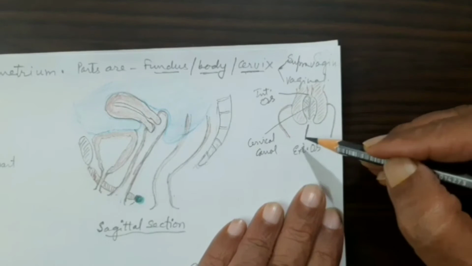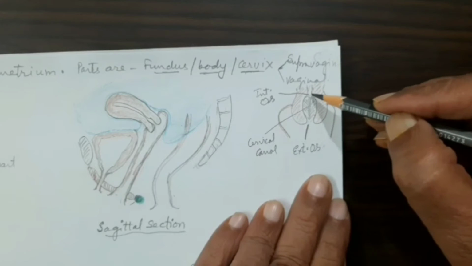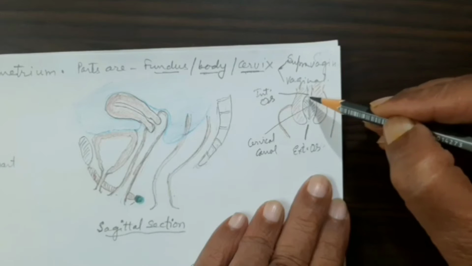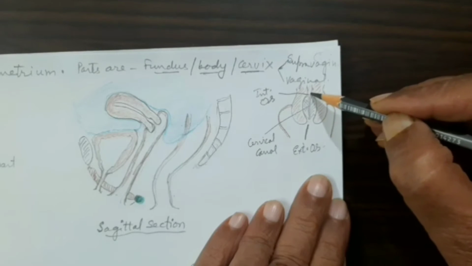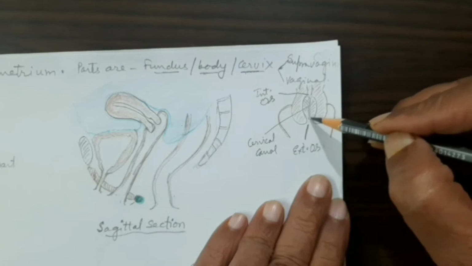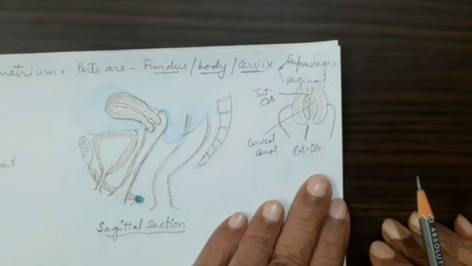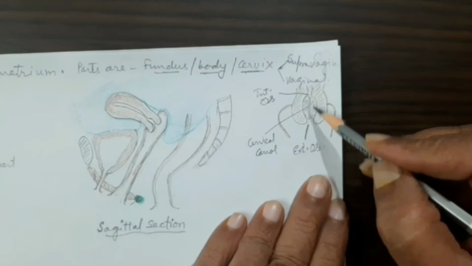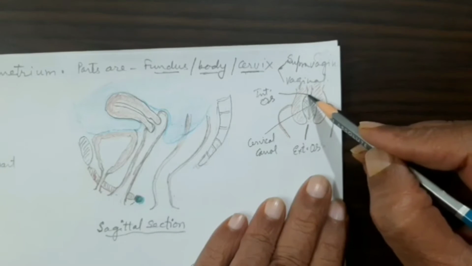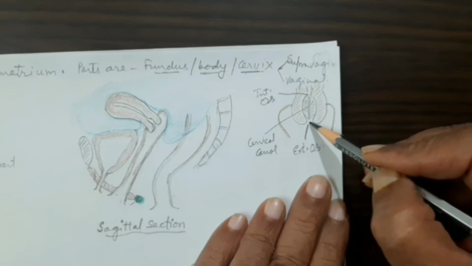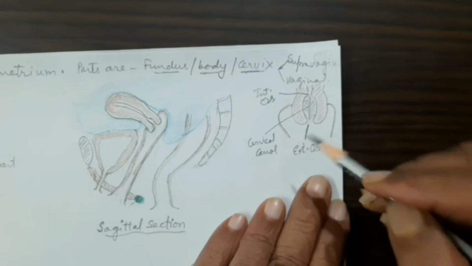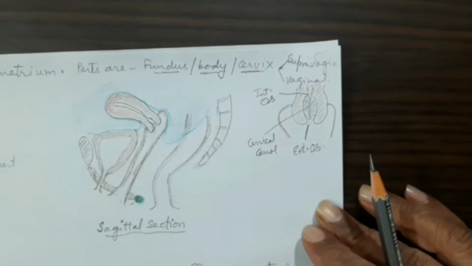And there is a narrow opening above, where it meets the body at the isthmus, and this opening above is also narrow like the external os, so it is called the internal os of the cervix. So there are two openings in the cervix: the internal os at the upper end of the cervical canal, and the external os at the lower end.